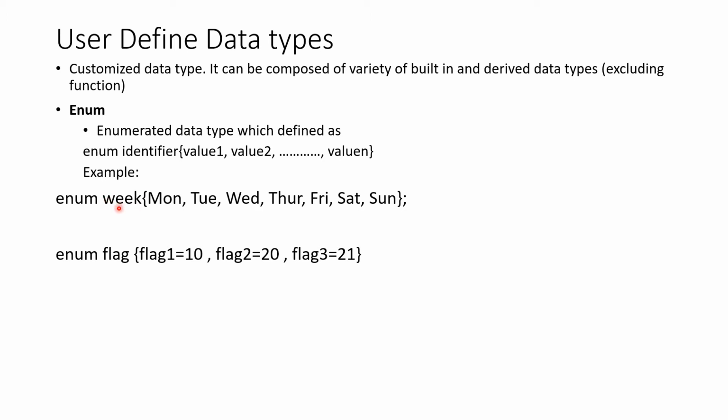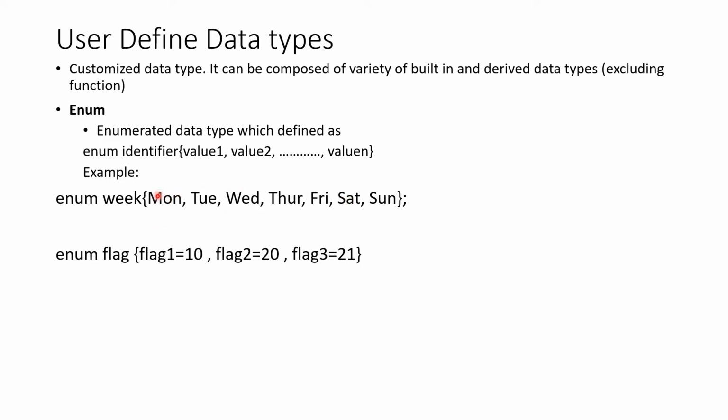There are some rules when you are giving a name to the identifier. Using those rules you can give the name here, and I just put the name week, and within the curly opening and closing brackets you can write the values. And what is meant by enum? Enum gives integer values to these values.